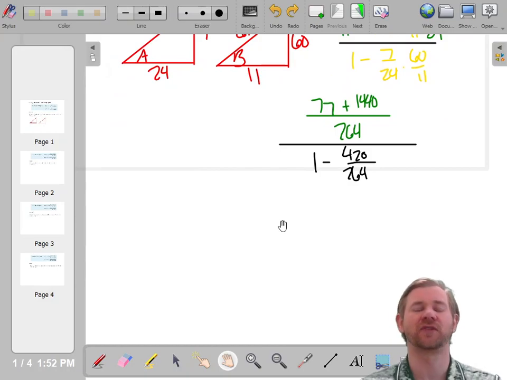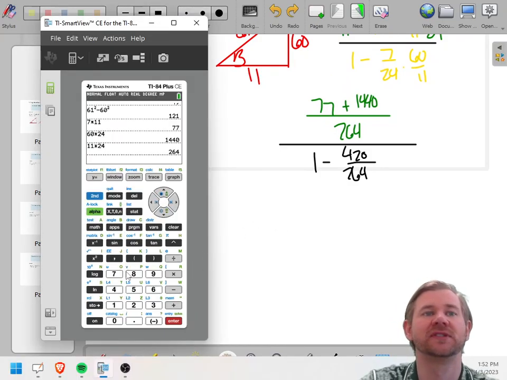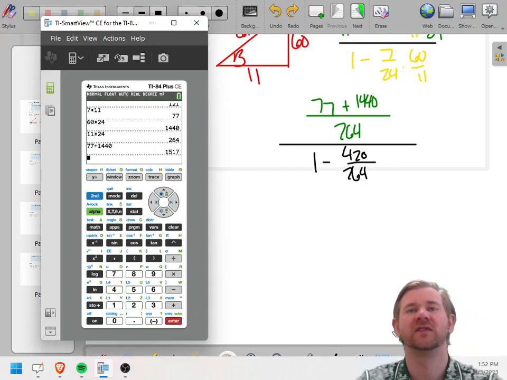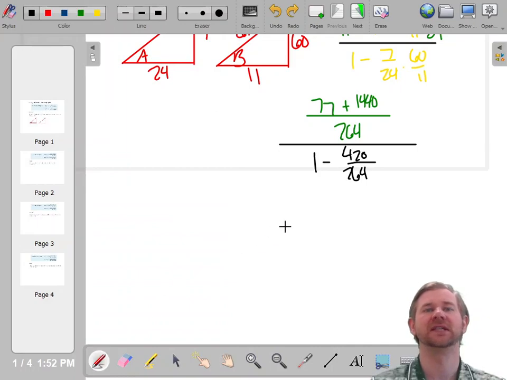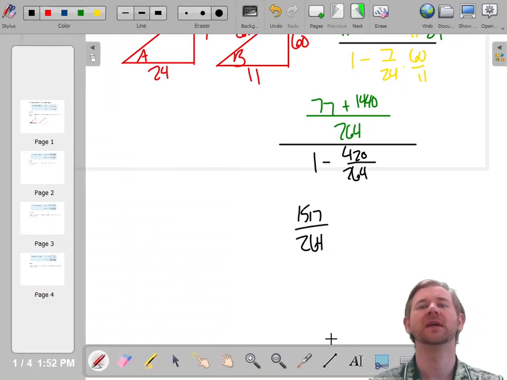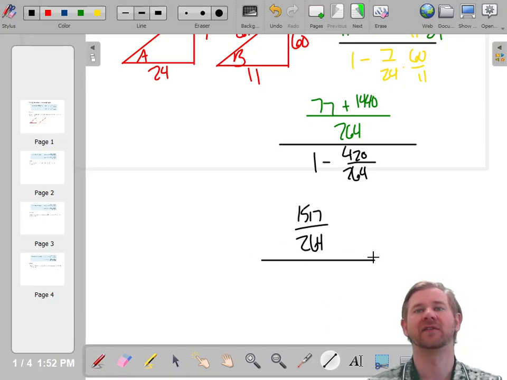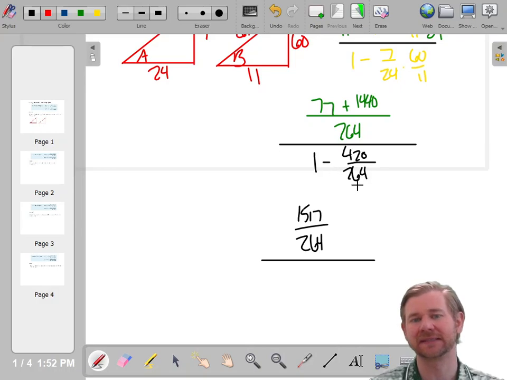So we've got to deal with the fractions now. In the top, I do 77 plus 1440, which is 1517. So I have 1517 over 264 in the top. And in the bottom, I have to get a common denominator, but I'm going to do this in my head because this is 264.